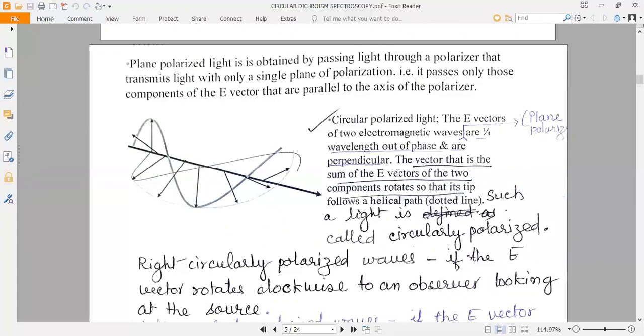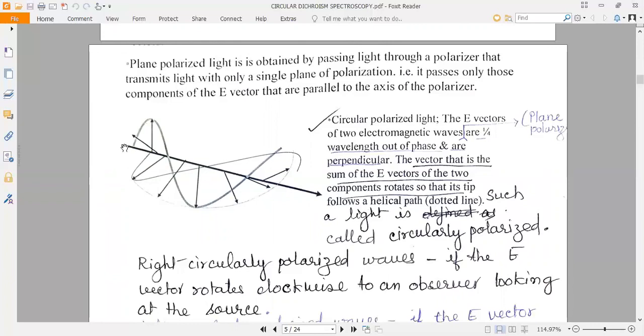The vector that is the sum of E vectors of the two components rotates so that its tip follows a helical path, dotted line. This is one vector of one wave. This is another vector of the other wave.